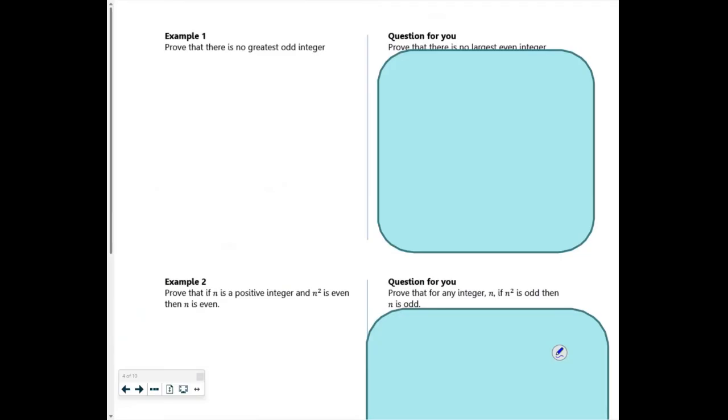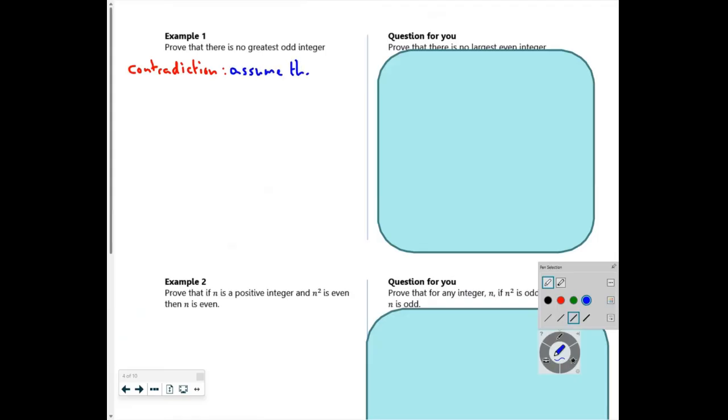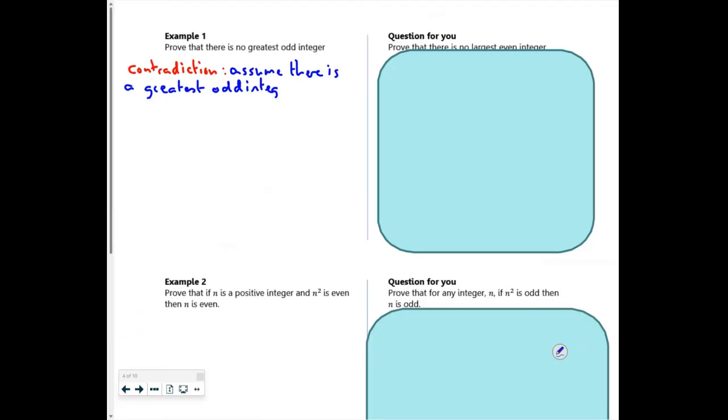So my contradiction, put it in a different column, is assume that there is a greatest odd integer, call it n.